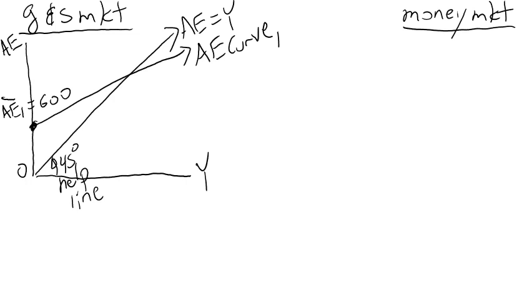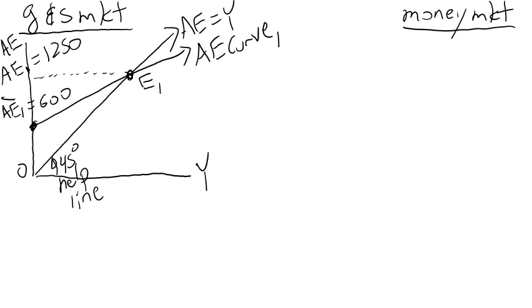Okay. Here is equilibrium, E1. This is the equilibrium aggregate expenditure value, which is equal to 1,250.